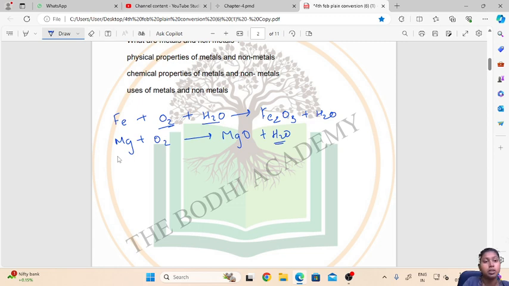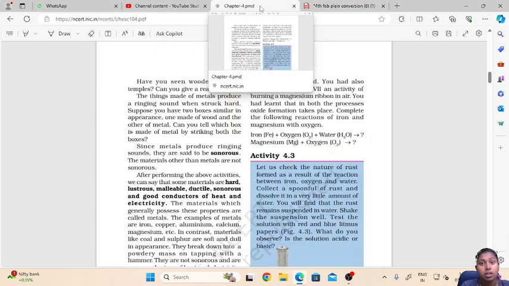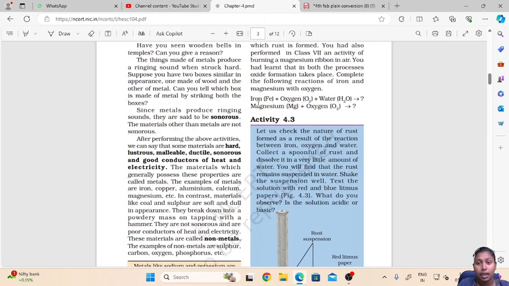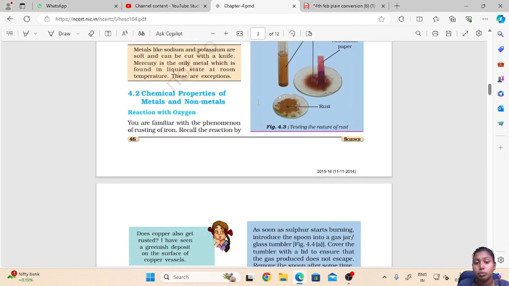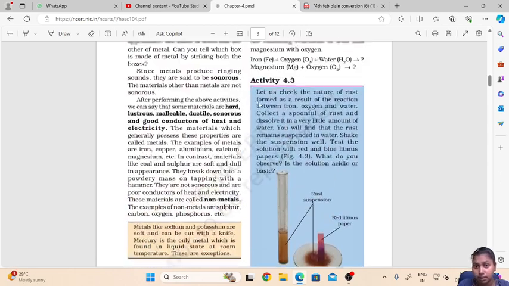So here also magnesium combines with oxygen. This oxygen is from the air. So iron and magnesium, they react with oxygen, right? And both of them are metals.